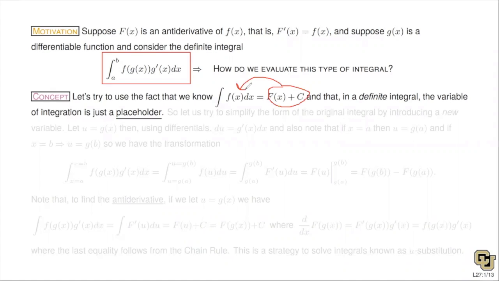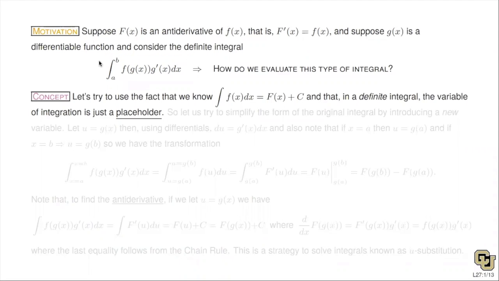That's what we're assuming here. And we know that in a definite integral, the variable of integration is just a placeholder. So what I want to do is play a game and change what the integral looks like. I'm not going to change what it is fundamentally, just change what it looks like. Maybe I can make it look like something that's easier to integrate.